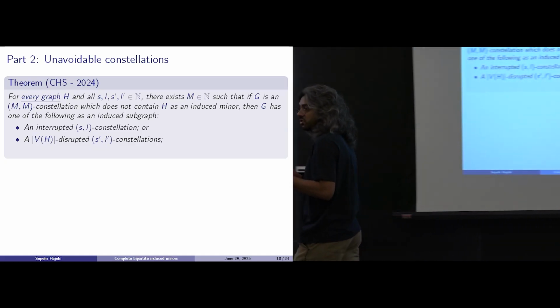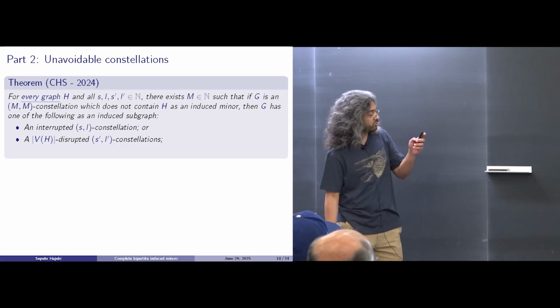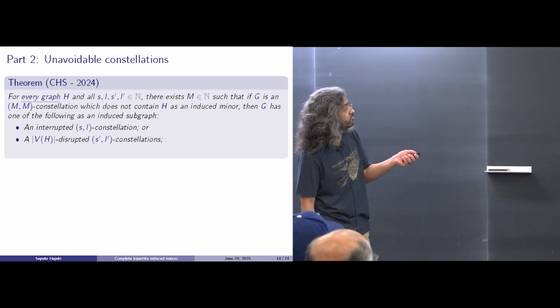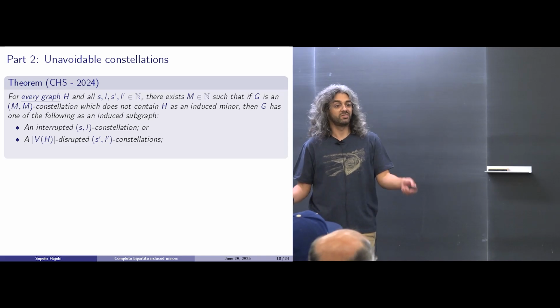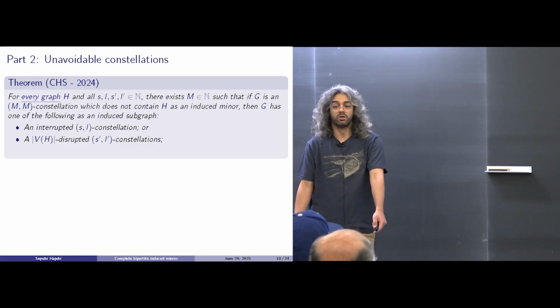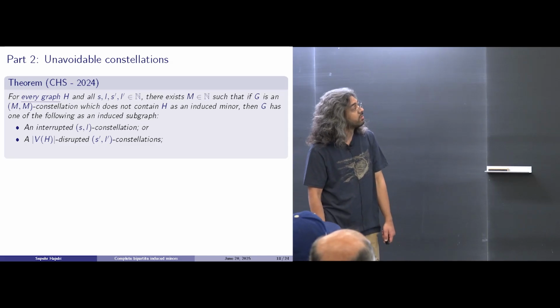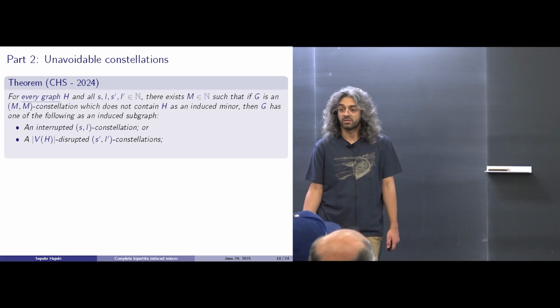If your graph contains a huge constellation, then, and this time you don't need to think about planar graphs, you can actually think about any graph you want, every graph that contains a huge constellation contains either your favorite graph H as an induced minor, or it contains a large interrupted constellation, or it contains a large disrupted constellation.